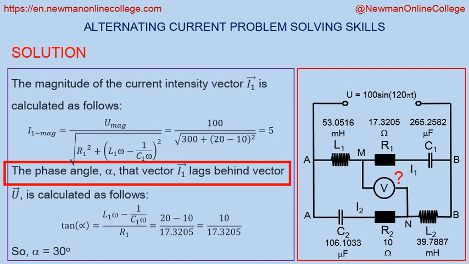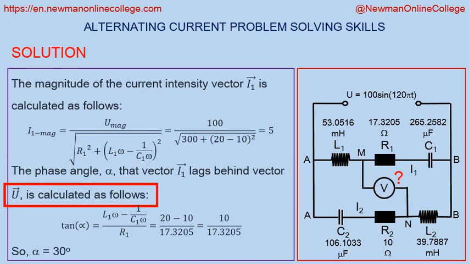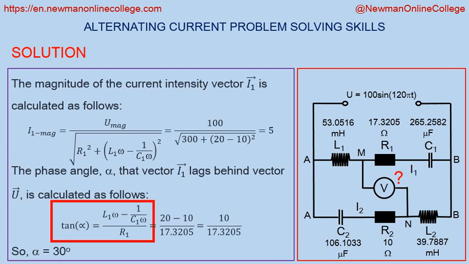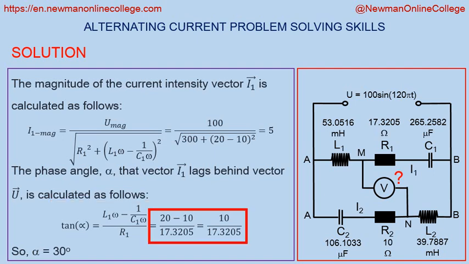The phase angle alpha that vector I1 lags behind vector U is calculated as follows. Tangent of alpha equals (L1ω minus 1/(C1ω)) over R1, which equals (20 minus 10) over 17.3205, which equals 10 over 17.3205.